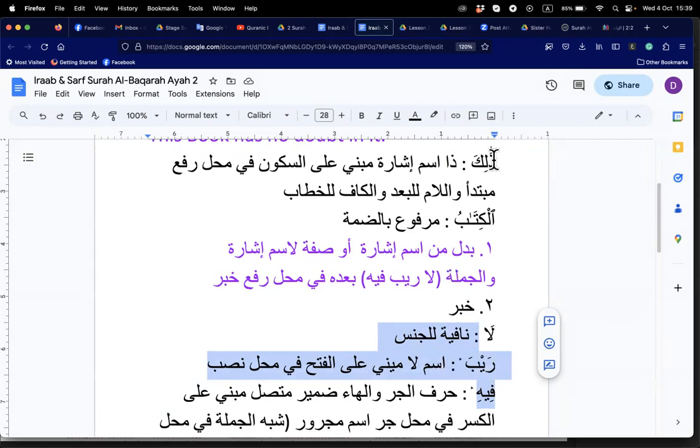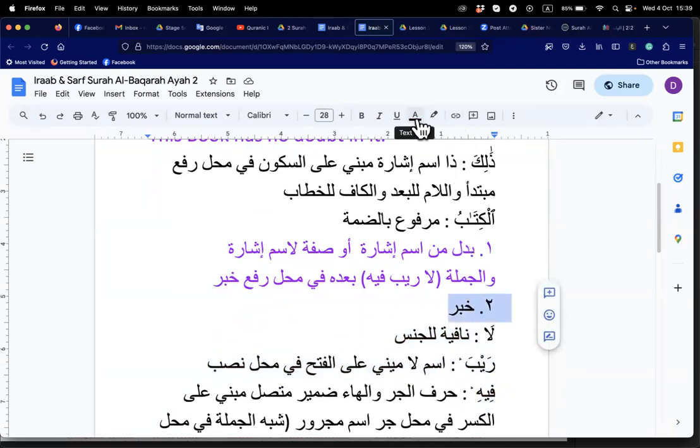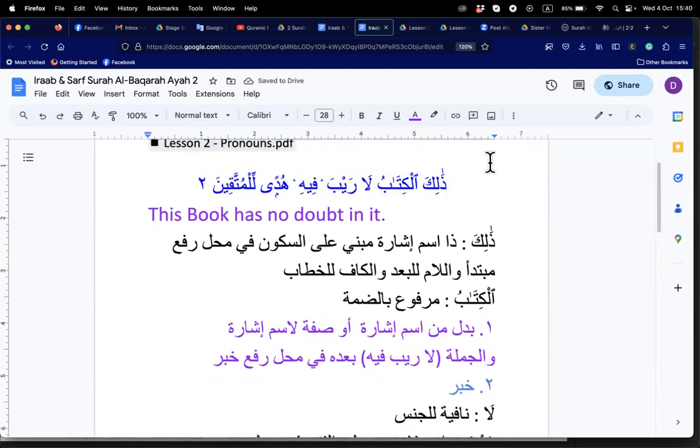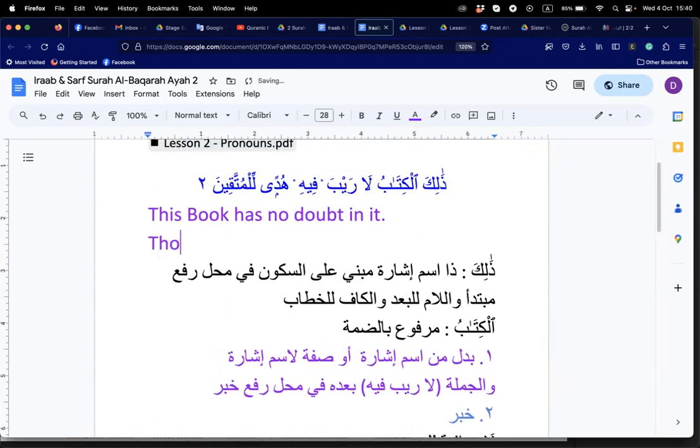If you say that this is, let me be clear. So this is the book. If I said this is the book, yes. If you say this is the book, and what would la roiba fi be? How is it connected?